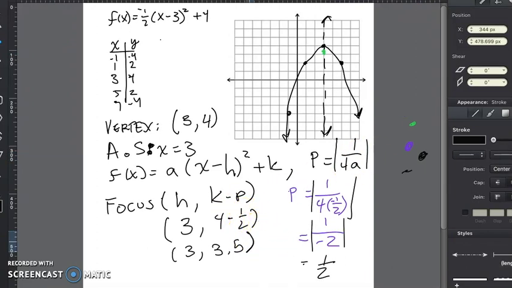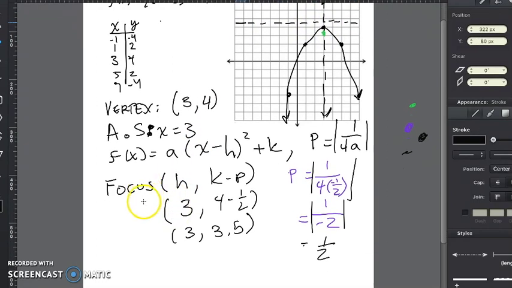If we want to talk about our directrix, since we're talking about the axis of symmetry, it makes things real easy when we're talking about distance. So if this is a half of a unit down, the directrix is going to be half of a unit up. My directrix is right about there. I'm going to scroll down a bit.